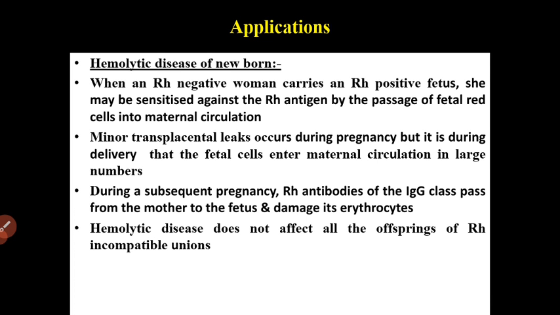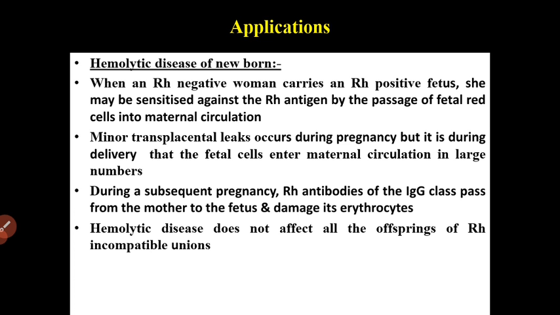Okay. But during delivery, the fetal cells enter maternal circulation in large numbers. During a subsequent pregnancy, Rh antibodies of the IgG class pass from the mother to the fetus and damage its erythrocytes. So, it's causing an adverse effect.